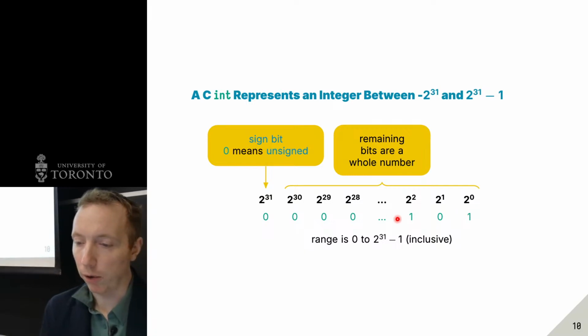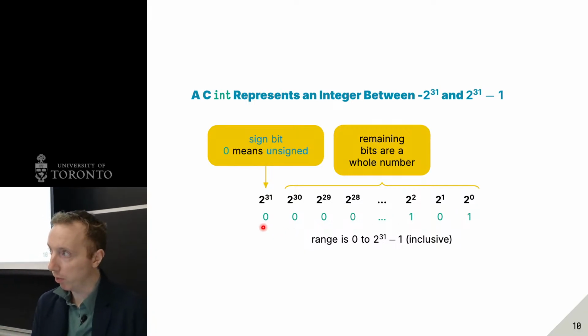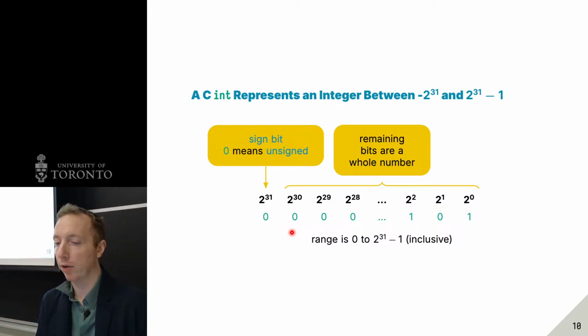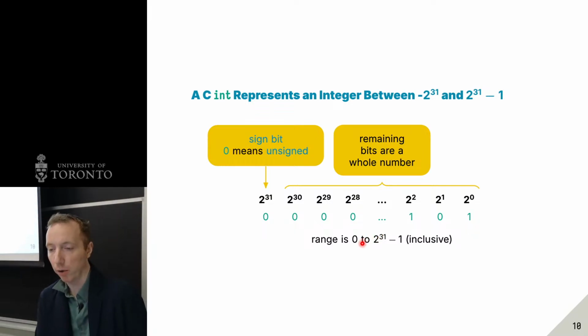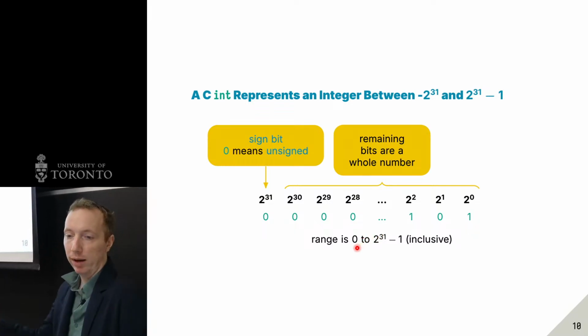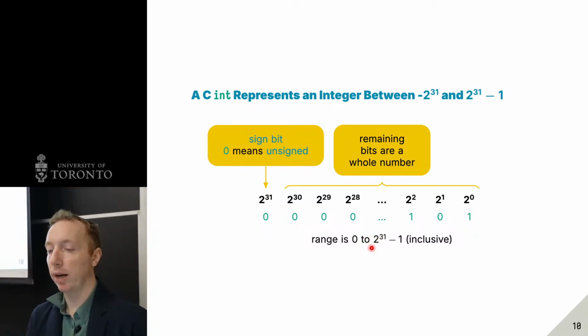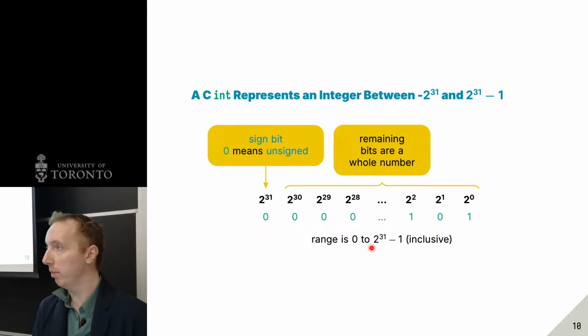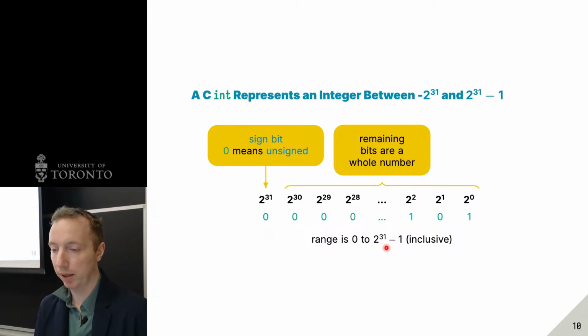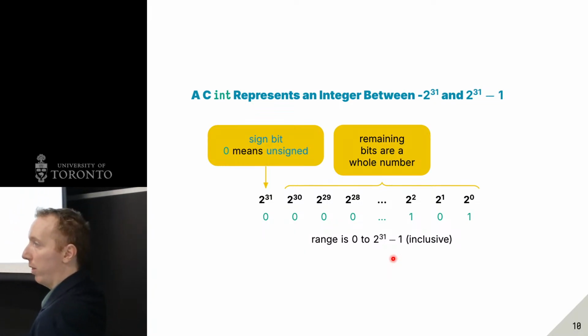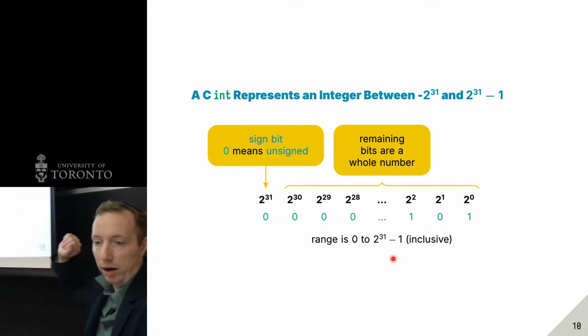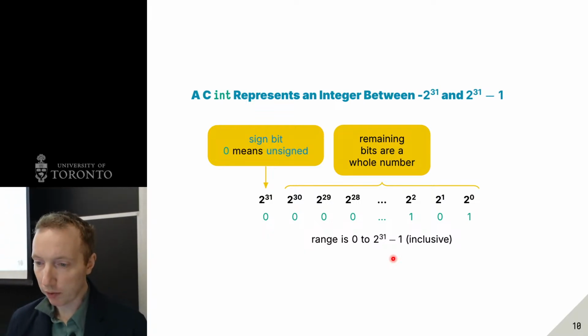So we use 1 bit to keep track of if it's negative or positive, and the other 31 bits to keep track of the number. So the positive numbers we can represent are 0 all the way up to 2 to the 31, because we're using the other 31 bits, minus 1 inclusive. So is everyone okay with that? All right, cool.